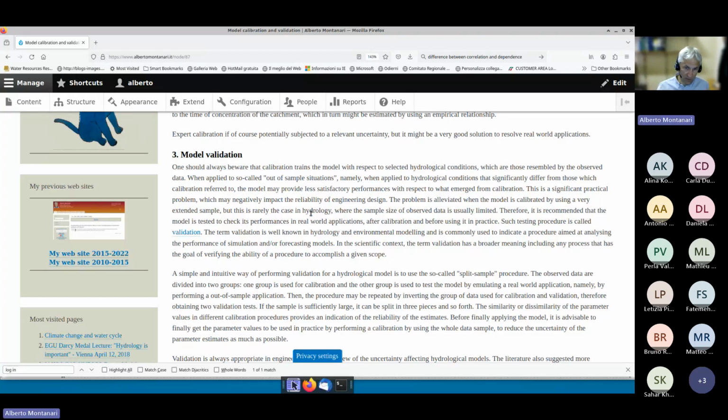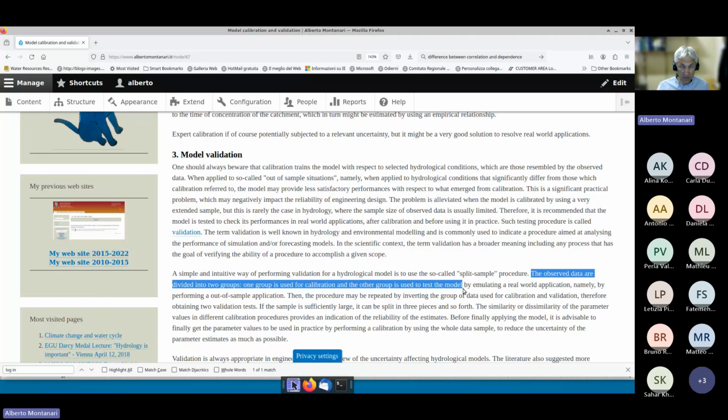Now, to make it possibly clearer, let me make an example and let me select the sentence that I want to read now. A simple and obvious way of performing validation for a hydrological model, but whatever model I would say, is to use the so-called split sample procedure. The observed data are divided into two groups. One group is used for calibration, and the other group is used to test the model.